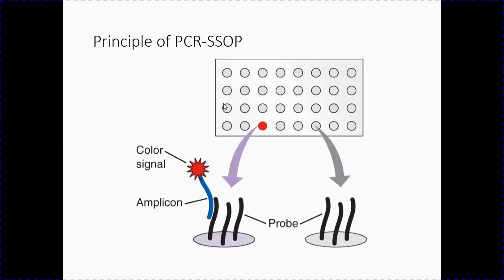The principles of sequence-specific oligonucleotide PCR again use a microtiter plate where DNA is amplified by PCR, but instead of amplifying one gene, we amplify all the gene variables or alleles at once. We don't have to do things one at a time.